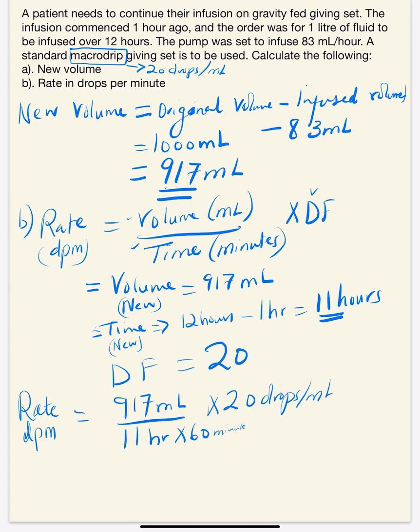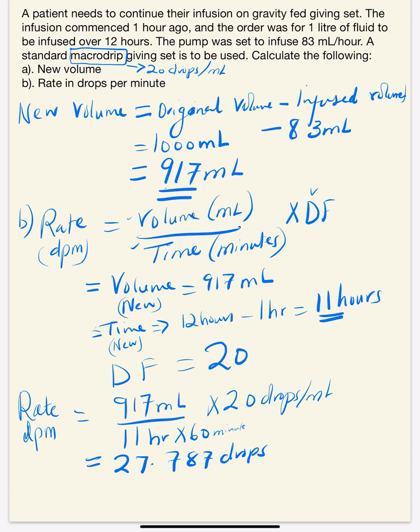Then, if you use your calculator here, you'll get 27.787 drops. But remember, these being drops, we cannot have decimal points. This being more than 5, it will round up by 1 on this side.